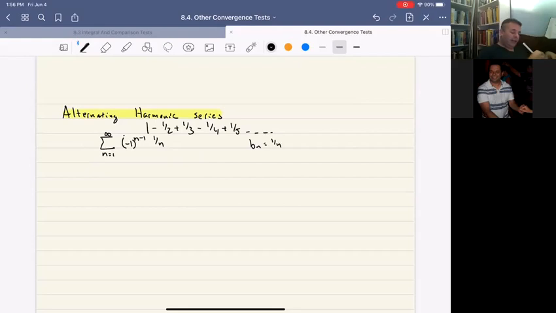It is decreasing, and the limit as n goes to infinity of b sub n equals 0. So the alternating series actually does converge.